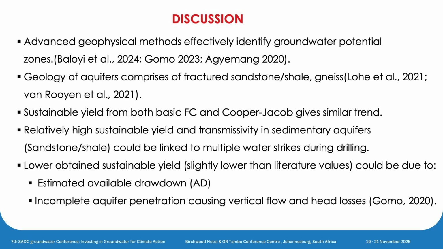Also, what is noted is that the high sustainable yield and transmissivity were seen in sedimentary aquifers. This could be due to the several water strikes that were struck during the drilling.